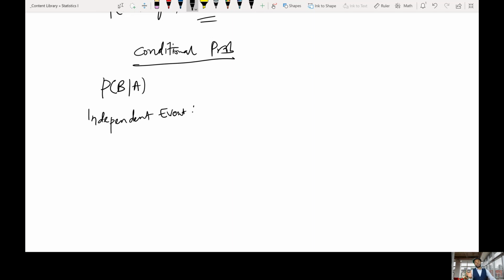So an independent event means that the occurrence of one event does not influence the occurrence of the other events.